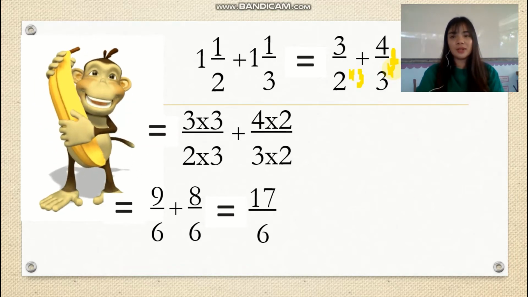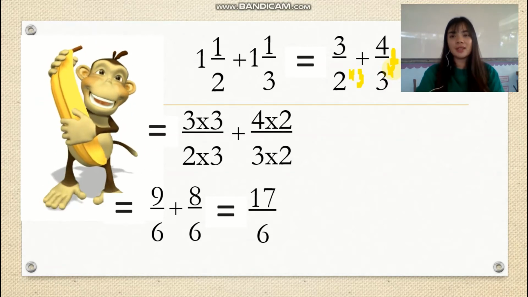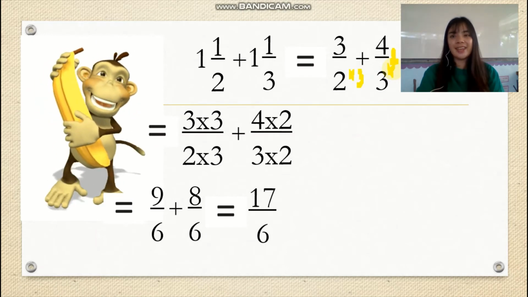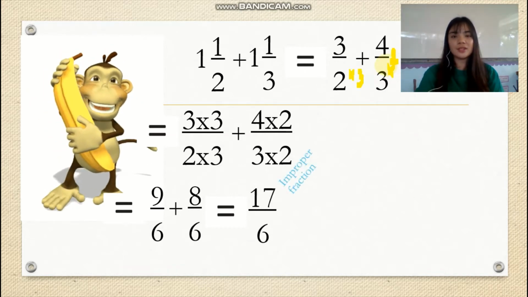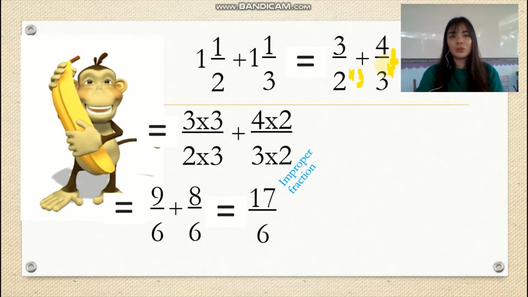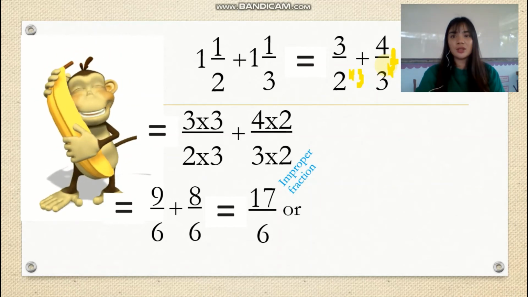Can we simplify our answer? Or can we make it as a mixed fraction? Yes. So how are we going to do it? Since 17 all over 6 is an improper fraction, we can just divide. 17 divided by 6 is equal to 2, but there is a remainder.